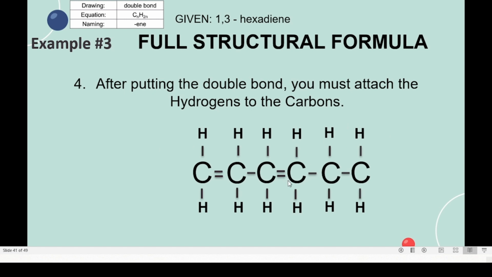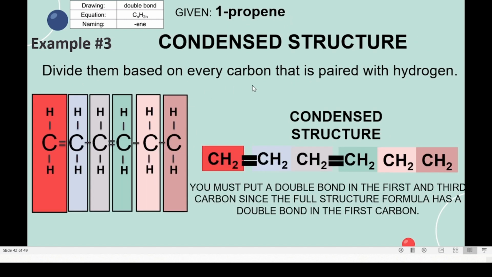Okay, good. So in condensed structure, again, divide them based on every carbon that is paired with hydrogen. So the first carbon has two hydrogens, CH2, and then it has a double bond. Then the second carbon, CH2, and the third carbon has no double bond, so no need to put a double bond here.